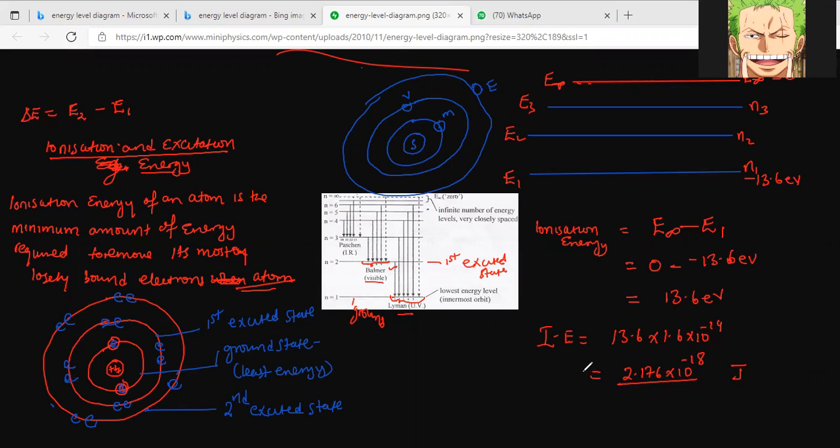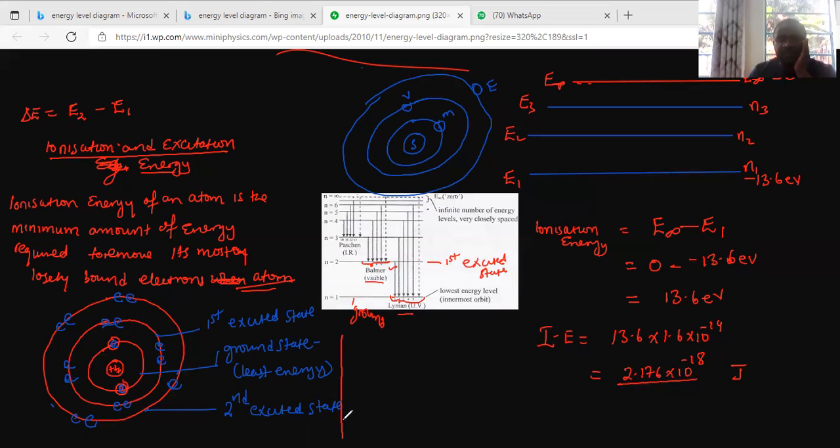Now, from the definition of electron volt, who knows the definition of electron volt, which is 1 eV? 1 electron volt is the work that we do to move an electron through a PD of 1 volt, if you recall.